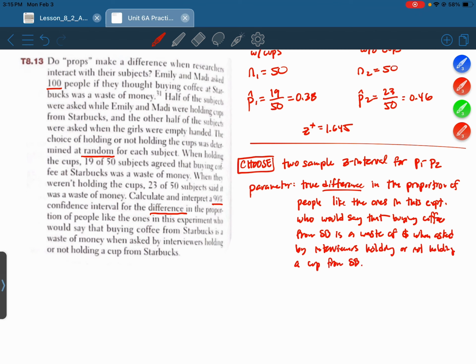Oh gosh, I know that seems ridiculous to have to write all that out, but that is just kind of the necessary evil of this class. There's a lot of writing. It's not just math.